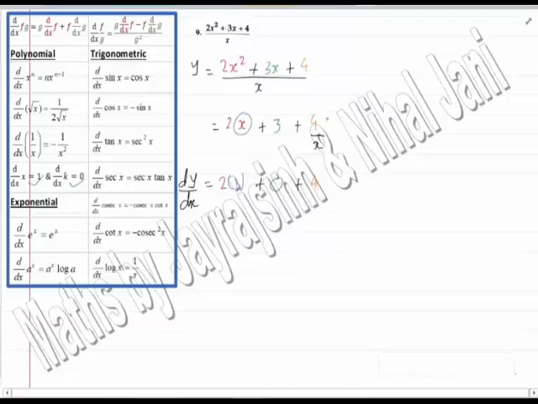We have to focus on the differentiation of 1 by x, and the differentiation of 1 by x is minus 1 by x square, right? So tada, 2 minus 4 by x square is the differentiation of y, right?